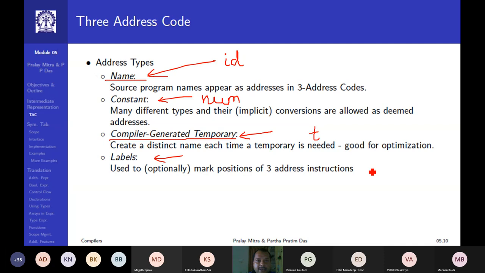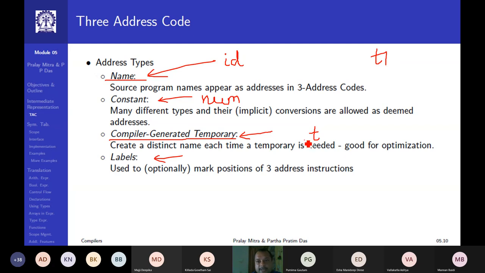Now you may think, and you are right, that if there is some user defined variable like T or T1 which is part of the source code, then there is a possibility that it will clash with the compiler generated temporaries. Yes, I completely agree with you.